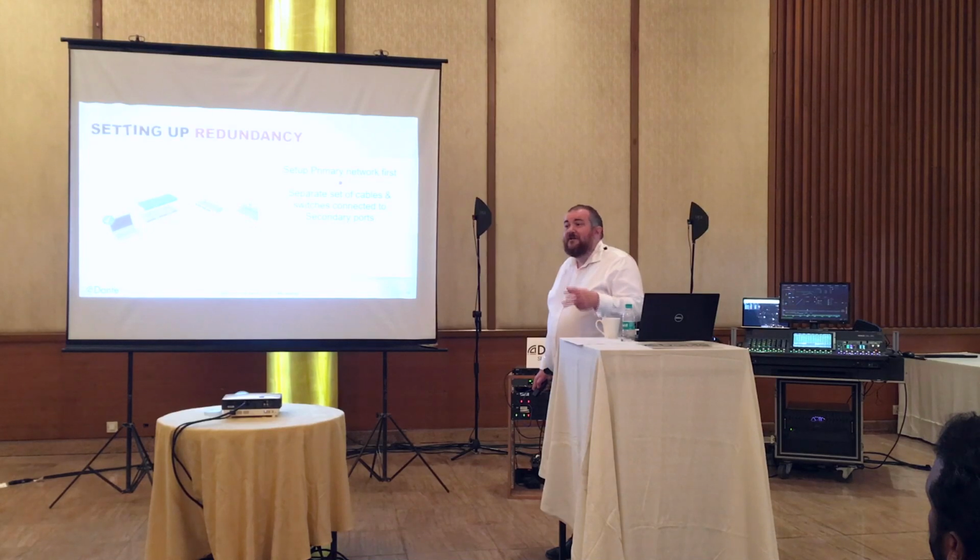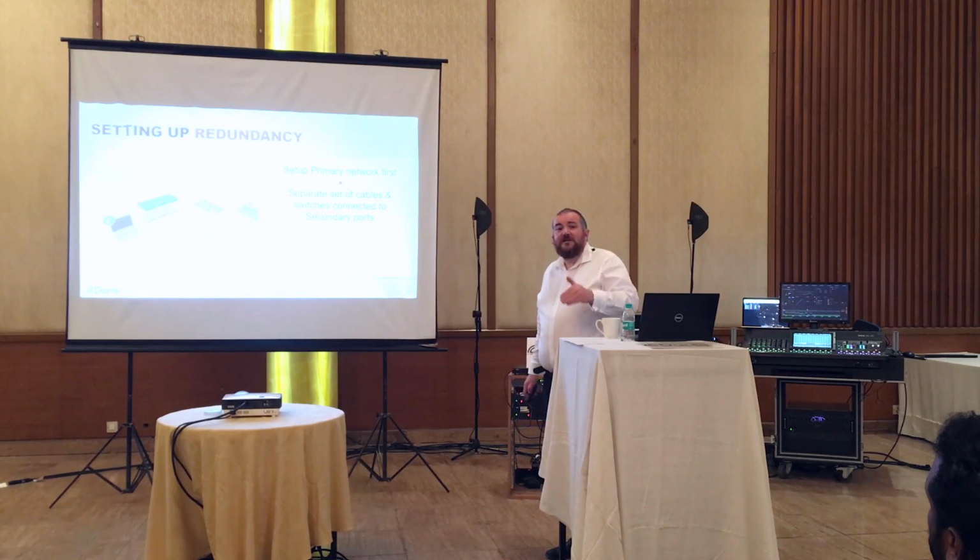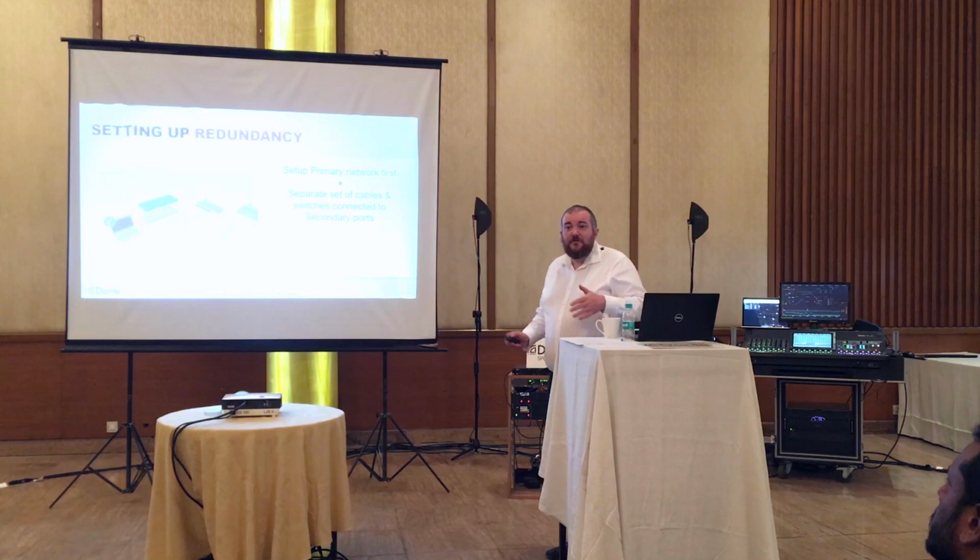If you connect the primary to the secondary network, it's going to be a disaster. So personally, I always set the primary network up, and then I check every single device and make sure they're all in redundant mode. And then I plug in the secondary network because I know I'm going to be safe.